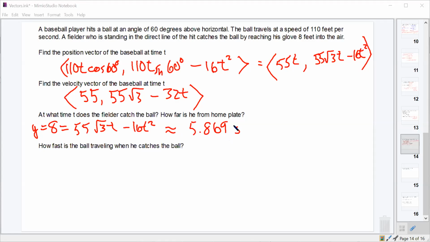So how far is he from home plate? How do we figure that out? That's the x coordinate of the position, right? And so now we have a time, 5.869, at which we're looking for the x coordinate of the position. So 55 times 5.869 should be what?